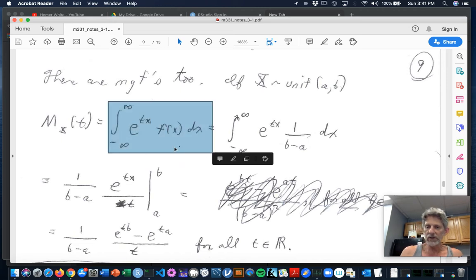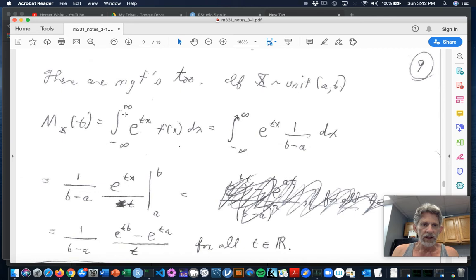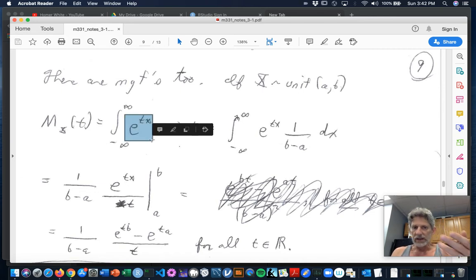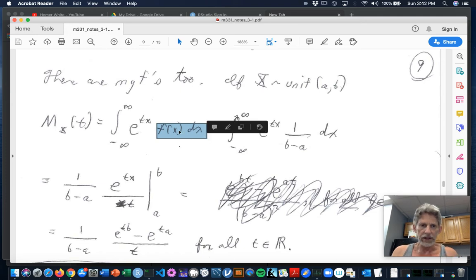It is the expected value of e to the t capital X, that function of a random variable, a different one for every t. And so the expected value would be the sum over all possible values of little x, e to the t little x, times the chance that capital X would be little x.